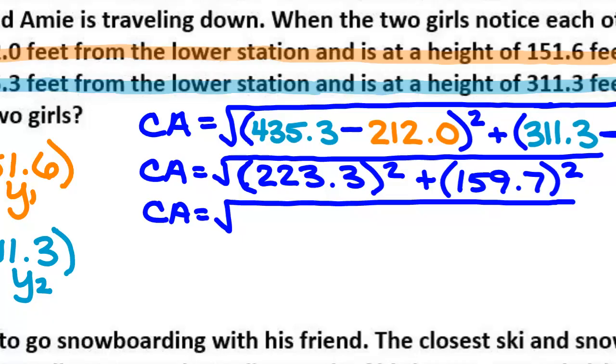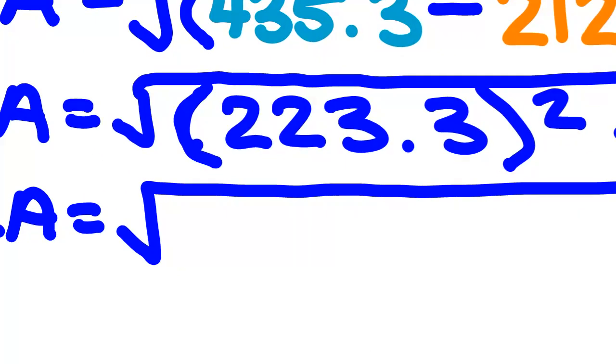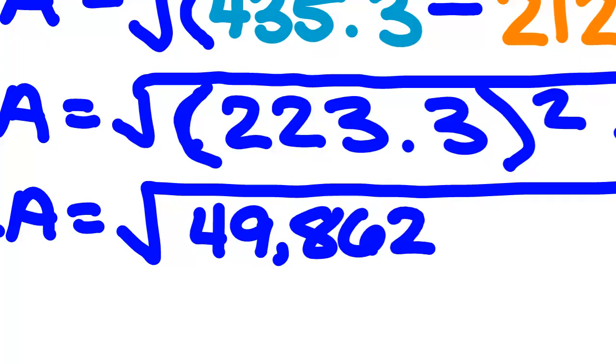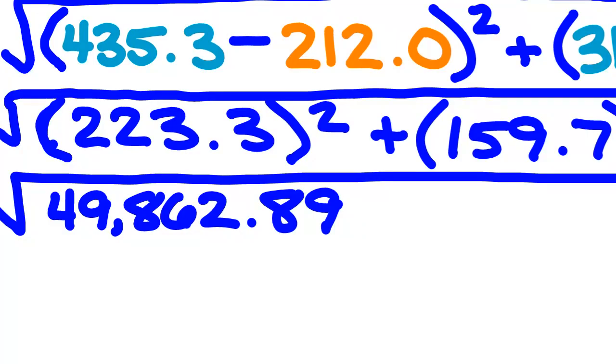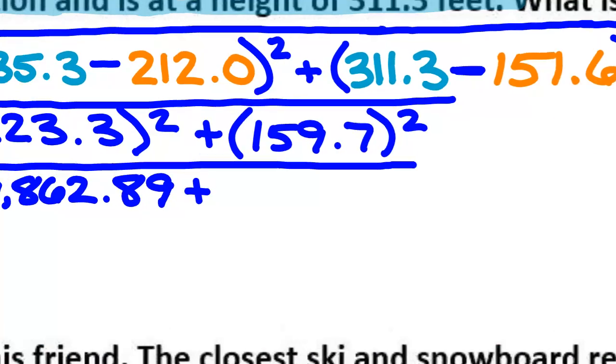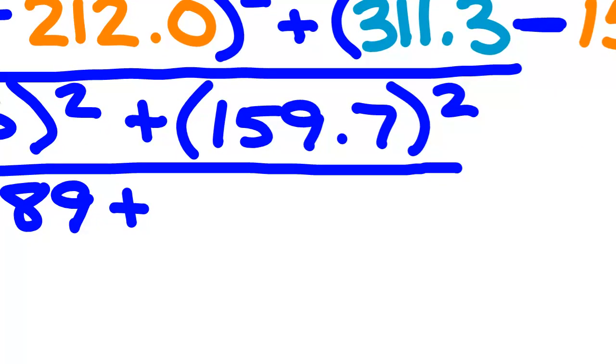When you do 223.3 squared, what do you get? 49862.89. Yes. Plus, now we're going to do the exact same thing with the 159.7. We're going to take that and square it. Go ahead and read those digits off your screen for me.